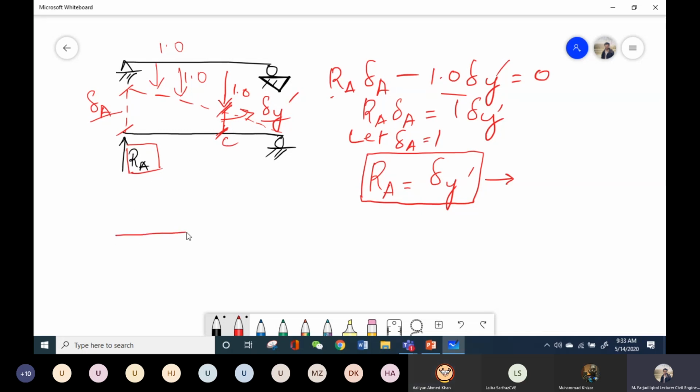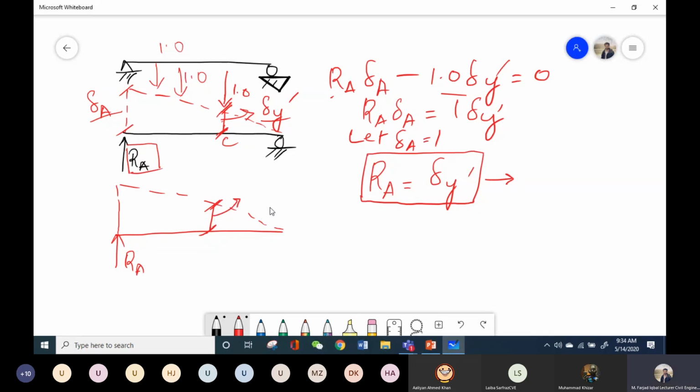And what is the ILD? For example, if my ILD for this beam is like this, what is this component? This component, if I plot the ILD for reaction at A, what is this component? Anyone? RA.